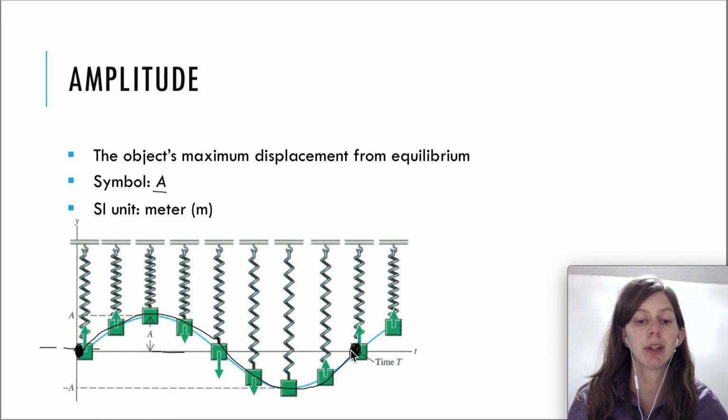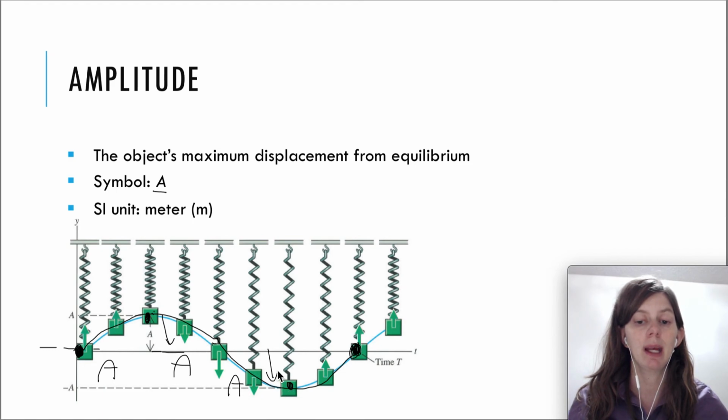So how far does the object travel? You might think, oh, 2A, right? Because there's an A here and there's an A down here. But you really have to think about the motion. The mass is going up to here. That's traveling a distance A. Once it's here, it goes back to the equilibrium. Well, can you see how that's another distance A traveled down here? And then it goes down all the way to the bottom point here.